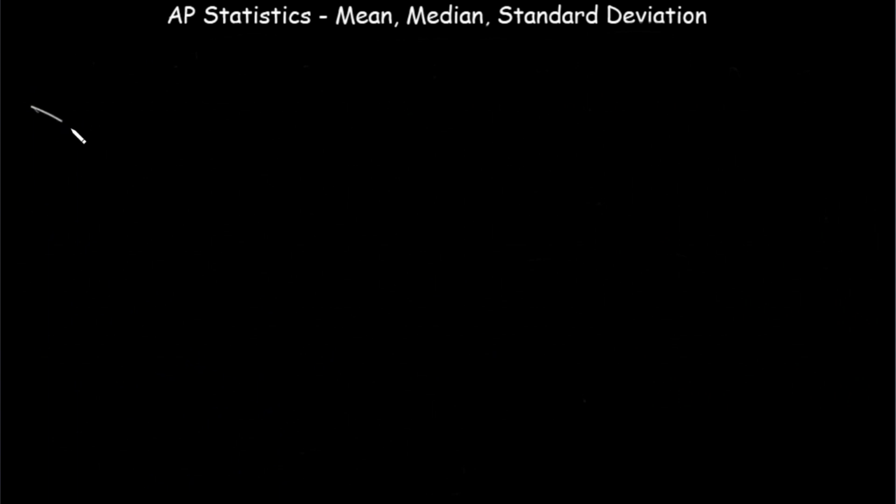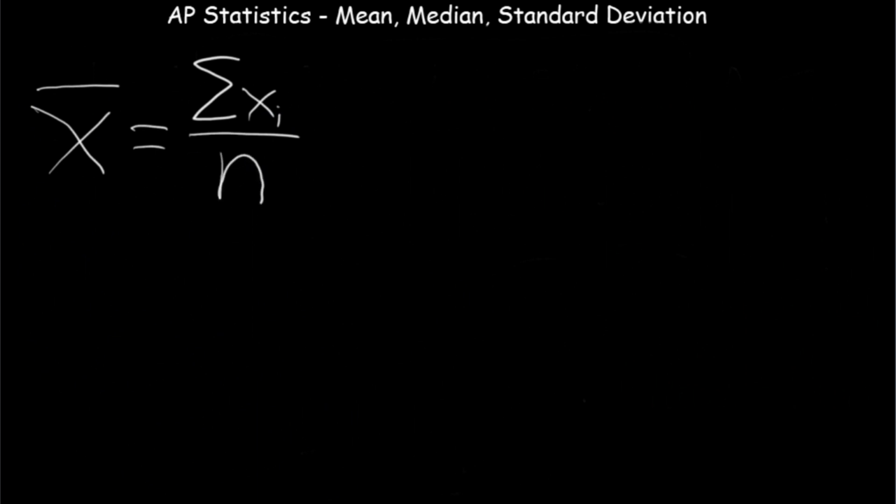Well, the mean, also known as this variable x-bar, is equal to the sum of all the data divided by the amount of data we have in that specific distribution.